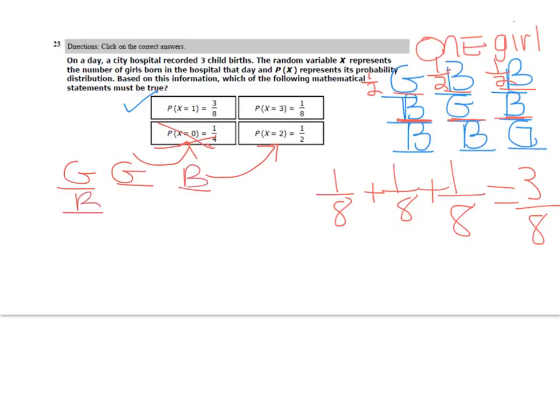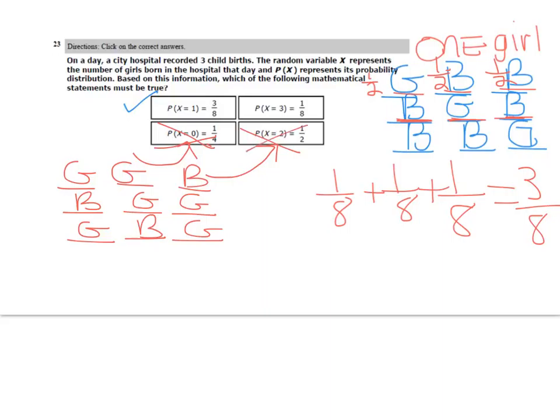Or we can have a boy, and then the last two could be girls. Or the first one a girl, the second one a boy, and the last one a girl. As we can see, it definitely would not come out to two girls being 50%. So that one doesn't make sense either.